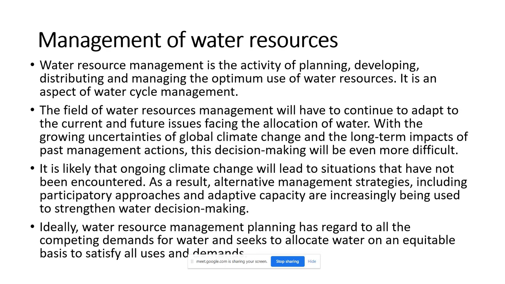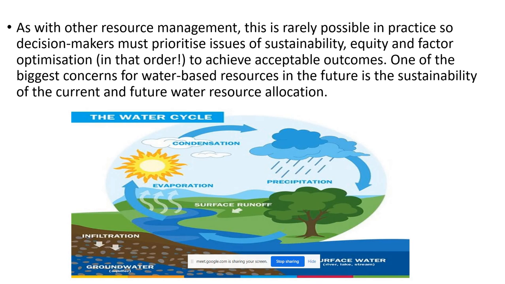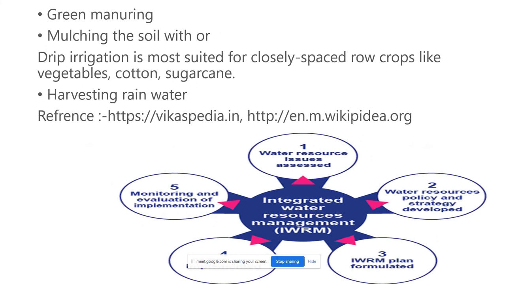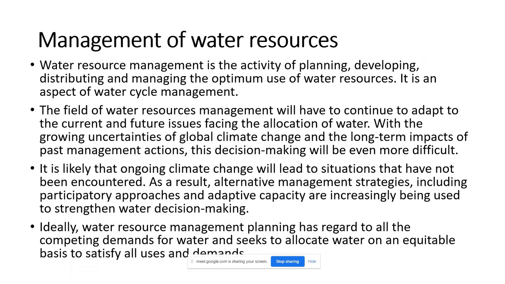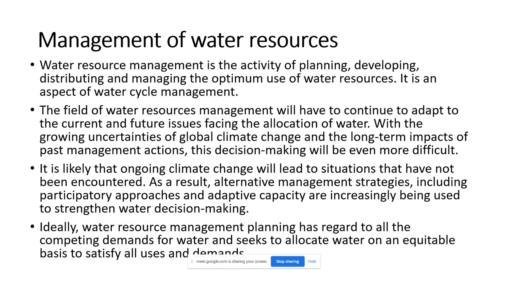It is likely that ongoing climate change will lead to situations that have not been encountered. As a result, alternative management strategies, including participatory approaches and adaptive capacities, are increasingly being used to strengthen water decision making. Thank you.